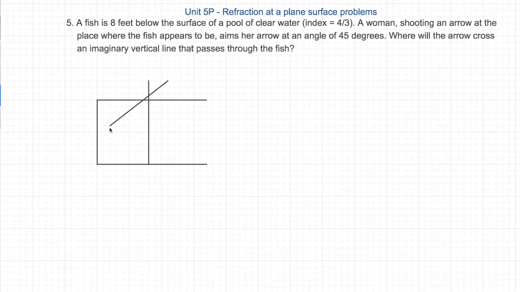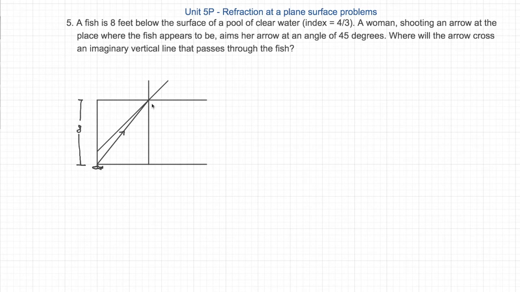And we'll draw our ray at a 45-degree angle to the point on the imaginary line where the fish appears to be and where the arrow is pointing. And this is the ray of light from where the fish actually is in the lower left corner. And then after refraction, it bends away from the normal and goes along that same line corresponding to where the arrow is pointing.